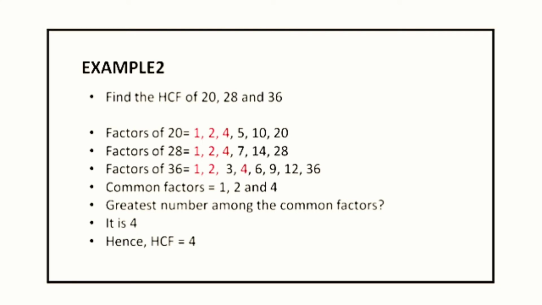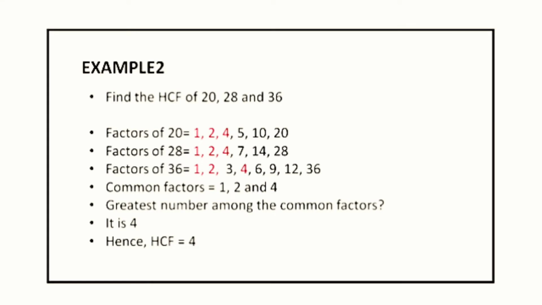The factors of 20 are 1, 2, 4, 5, 10 and 20. Factors of 28 are 1, 2, 4, 7, 14, 28. Factors of 36 are 1, 2, 3, 4, 6, 9, 12, 18 and 36.